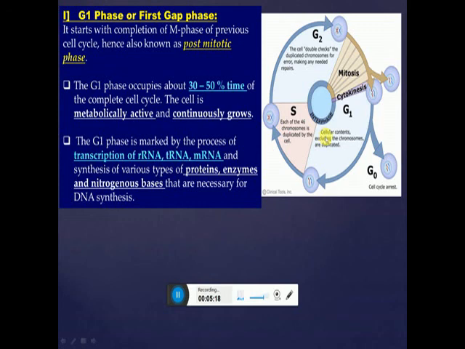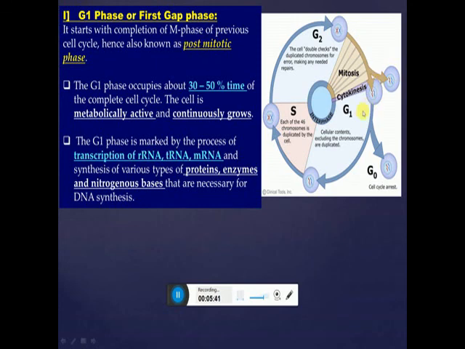In the G1 phase, cellular content excluding the chromosomes is duplicated. Means other than chromosomes, all the remaining content of the cell gets duplicated. That is the G1 phase in simple words. It starts with the completion of the M phase of the previous cell cycle, hence it is also called the post-mitotic phase.